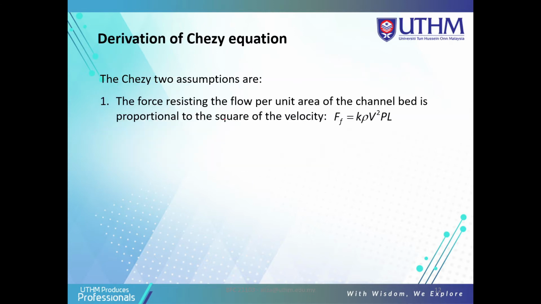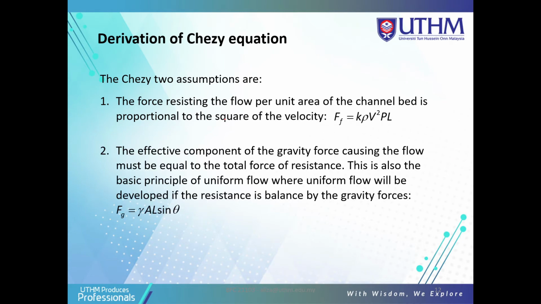Now we look at the derivation of Chezy's equation. There are two assumptions to get the Chezy equation. We use the force resisting the flow, and the force per unit area of the channel bed is proportional to the square of the velocity. I don't need you to remember this equation. You must just remember the equations on the previous slide about Chezy's and also Manning's.